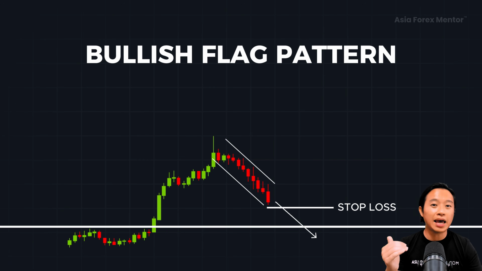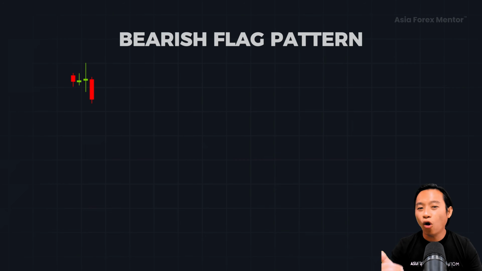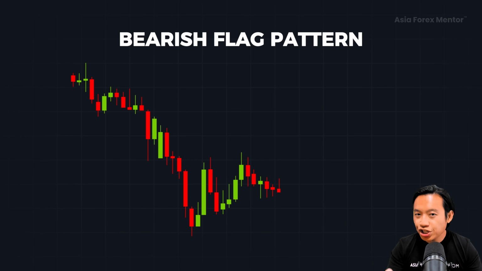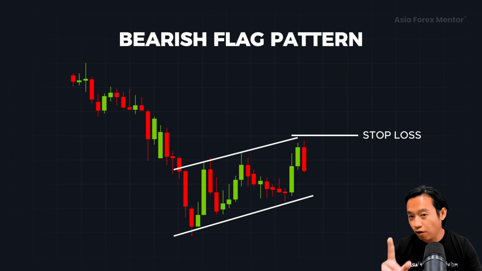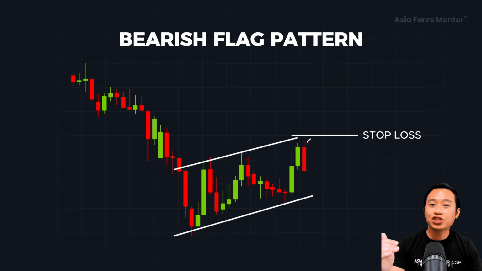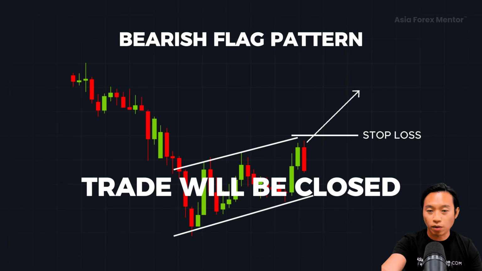If price attempts to move below that level, the trade will be closed, preventing further losses. For a bearish flag, position your stop loss above the highest top of the flag. So if price tries to move above that level, your trade will be closed with your stop loss order, protecting you from further losses.